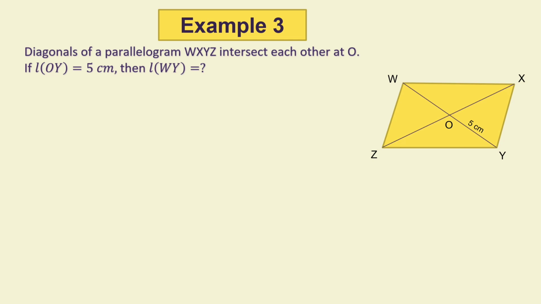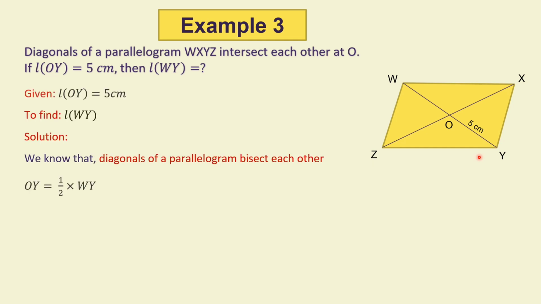WXYZ is a parallelogram, and WY and ZX are the diagonals which are intersecting at point O. We are given OY is 5 cm, we have to find the length of WY. How can this be done?